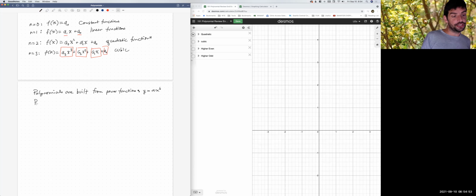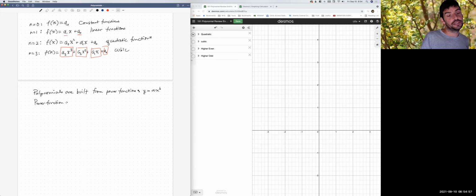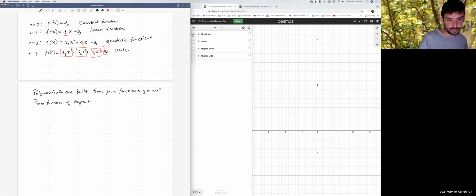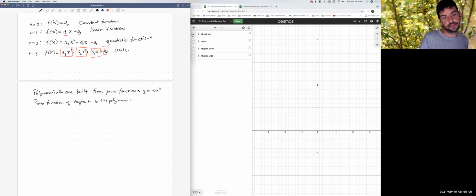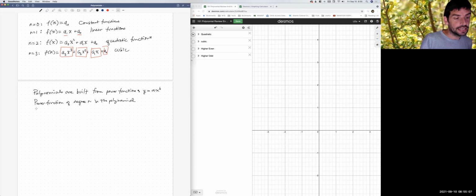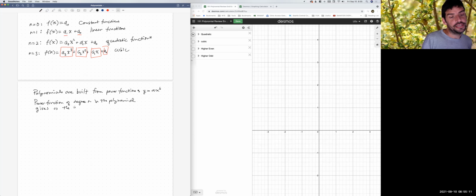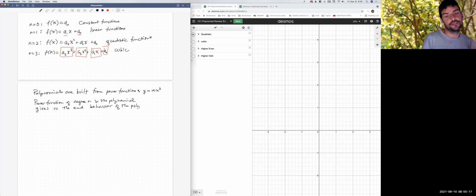Let's say it this way: the power function of degree n in the polynomial gives us the end behavior of the polynomial itself.